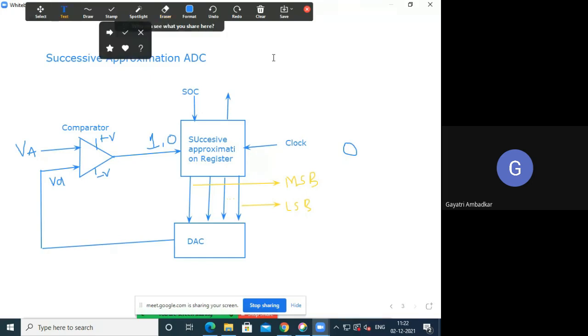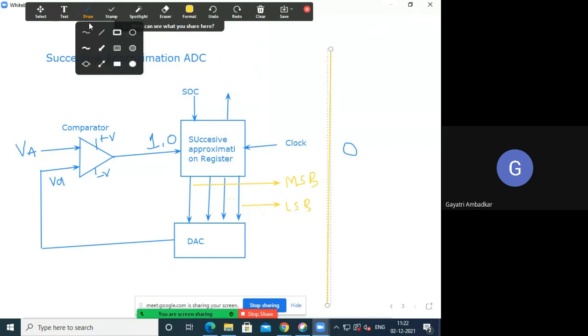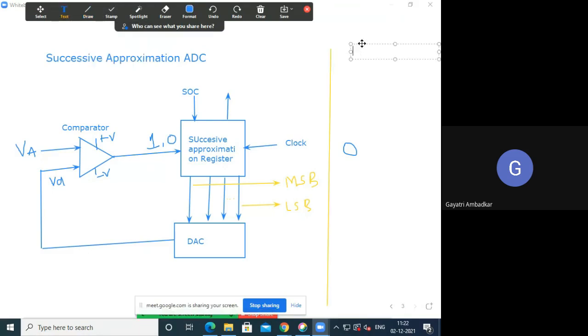Now let's assume that this is a 4-bit ADC. 4-bit ADC means you will get the equivalent of the analog signal in a 4-bit number.